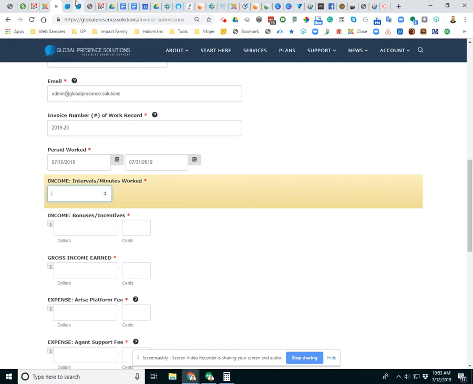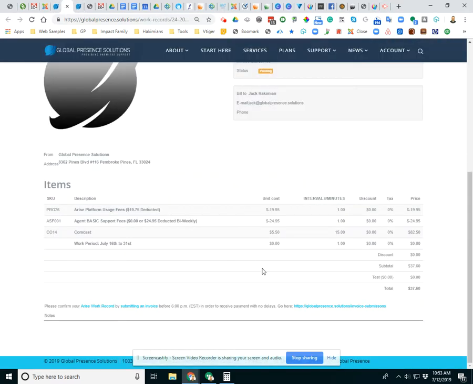Now, intervals or minutes worked. If you open it up, it says I worked for Comcast for 15 intervals. Intervals are 30-minute increments, or sometimes some of the companies will pay you per minute, which ends up being anywhere from $10 to $20 per hour. But again, here I worked 15 intervals at $5.50 per interval, which is $11 an hour.